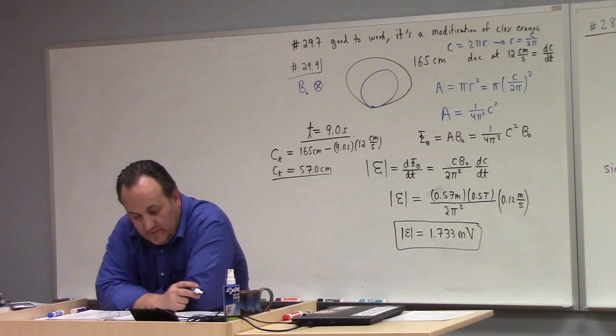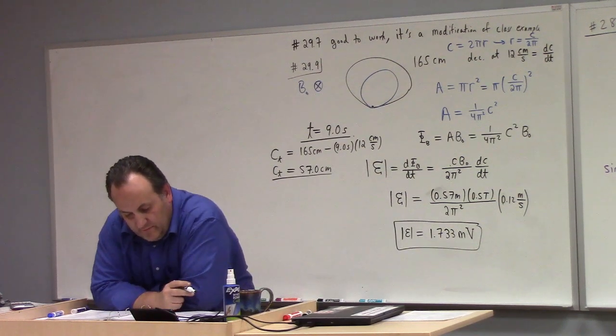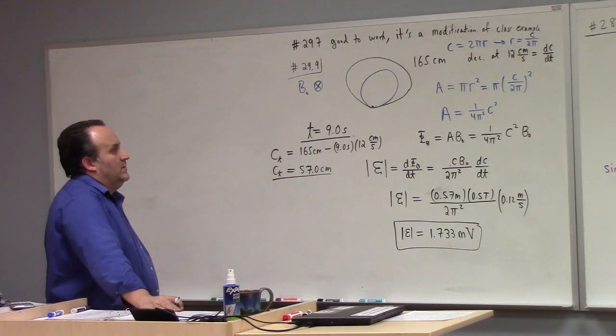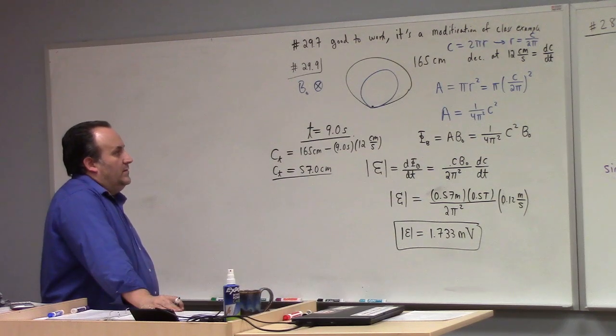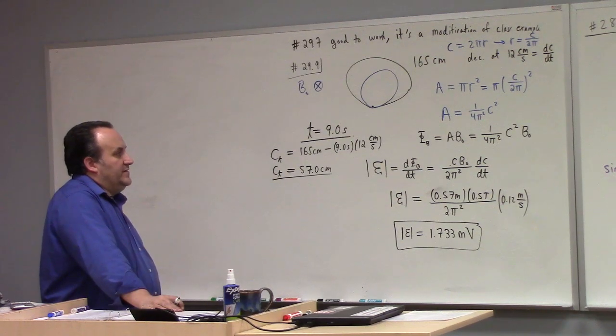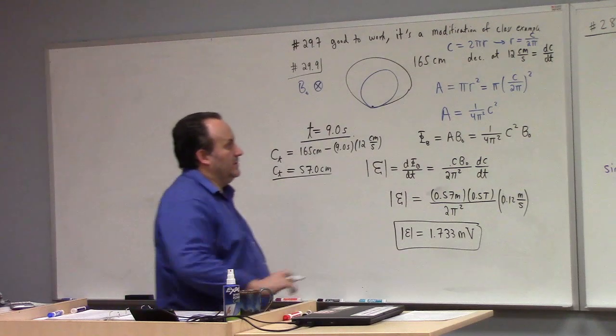9 seconds have passed. Initial circumference. Circumference decreasing. Well. Oh, that's a pi, not a pi squared. See that?